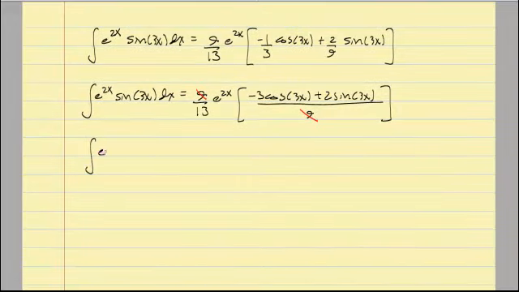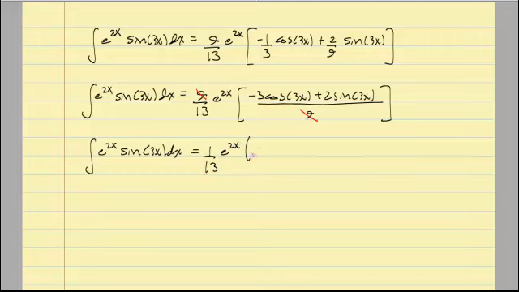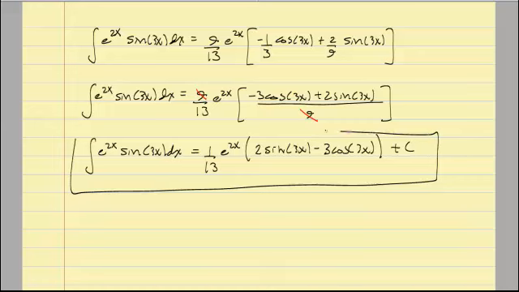And I'm left with the integral of e to the 2x sine of 3x dx is equal to 1/13 e to the 2x times, usually we like a leading coefficient, so I'm left with 2 sine of 3x minus 3 cosine of 3x. Now I can add on my plus c, my constant of integration. So there's my correct solution.